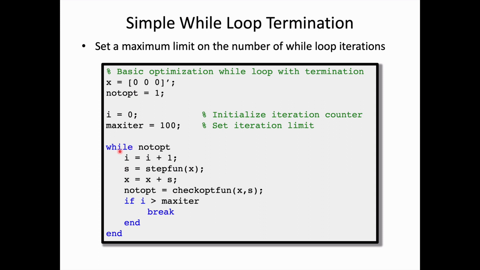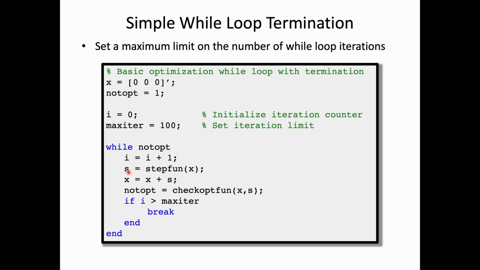Here we start the while loop. Everything is the same so far. And then in this next line, we increment the iteration counter. In Matlab, we don't have the syntax I++ to increment an index, so we have to use the syntax I equals I plus 1.